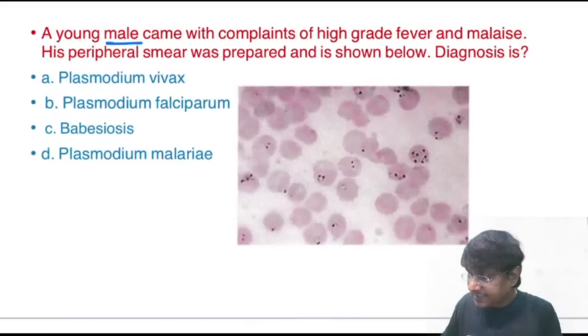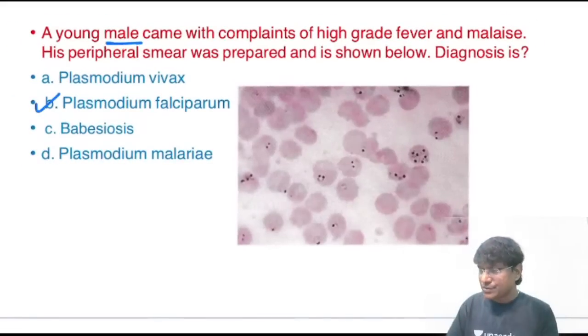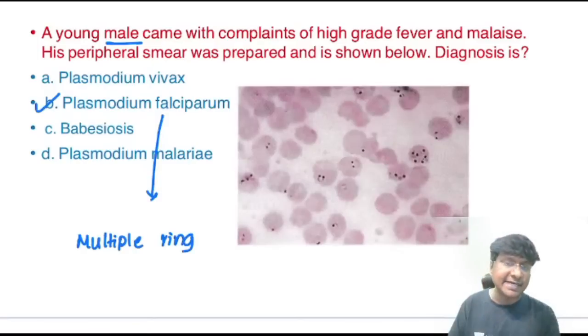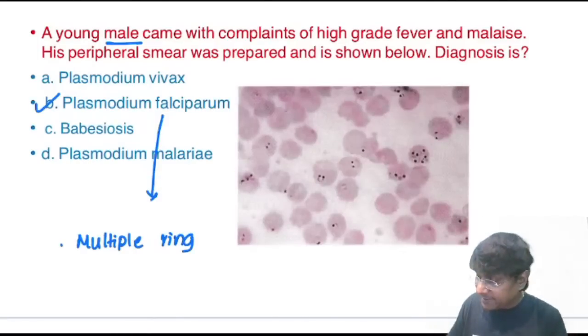Okay, so here the answer is very good. It is Plasmodium falciparum, right? Very good, Moti Choti. What are the points in favor of Plasmodium falciparum? You will have multiple rings inside the RBC, and in some RBCs you also have chromatin dots.